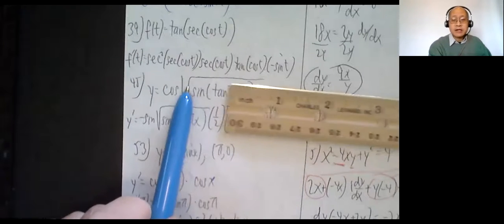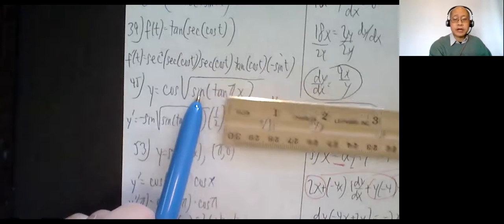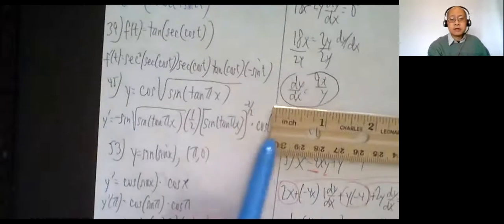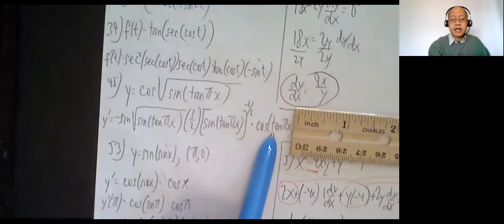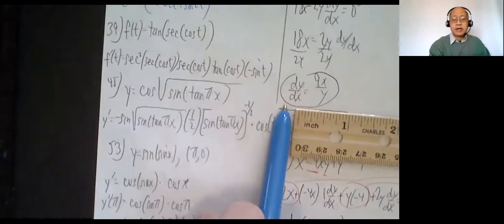So now I'm at differentiating sine of something. What's the derivative of sine of something? Cosine of that. So cosine tangent of pi x.